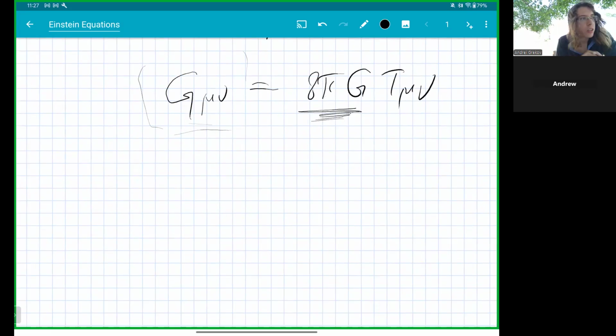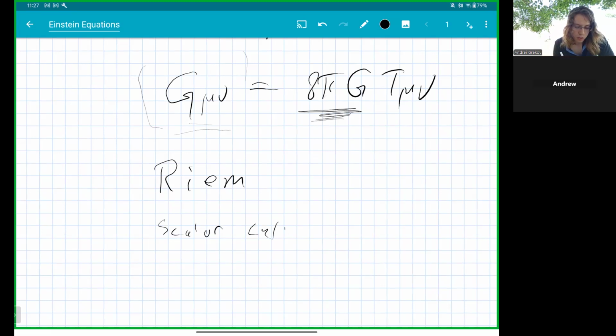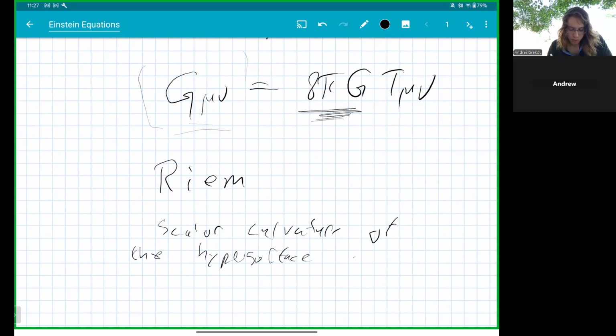So imagine you start with your Riemann tensor, but instead of calculating the total scalar curvature of the whole space, you would be interested in calculating the scalar curvature of the hypersurface orthogonal to some unit vector T mu.